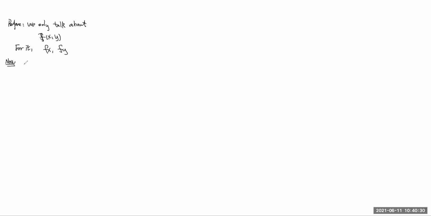Now, automatically, if we consider this, right, we have f_x, f_y, f_z. I don't think I have to explain this, right? When you are considering f_x, you fix y and z. When you are computing f_y, you fix x and z. When you are computing f_z, you fix x and y, right?